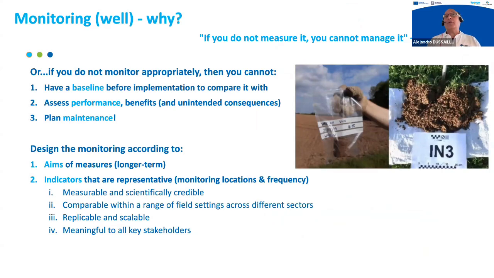And actually, if you don't monitor, then you cannot have a baseline before you implement the measures so as to compare it with. You cannot assess performance and benefits. And particularly interesting, because we always talk about benefits, but we also need to understand the trade-offs and any unintended consequences. And without monitoring, we would never know, or we would know too late. So it's also kind of an early warning tool.